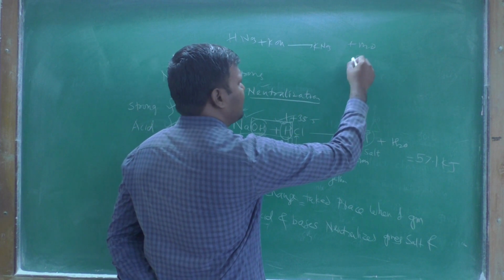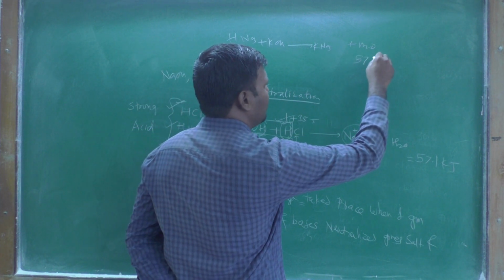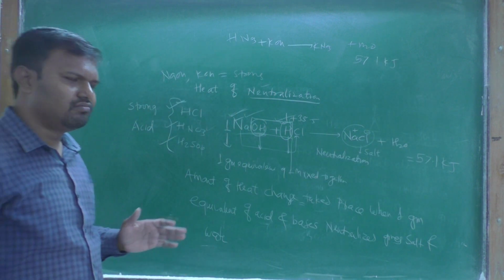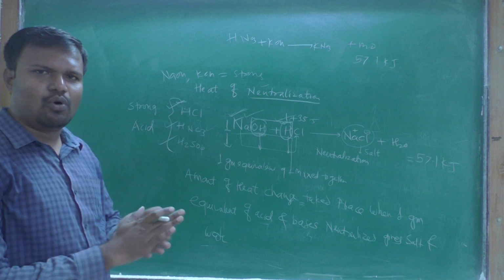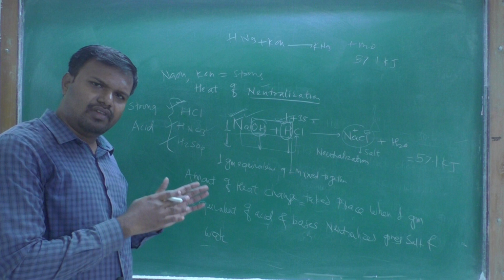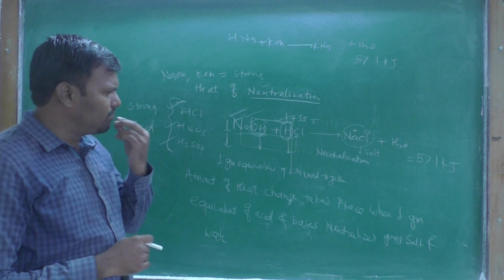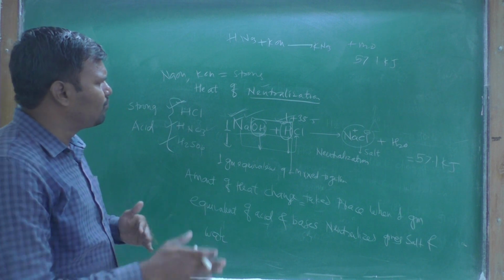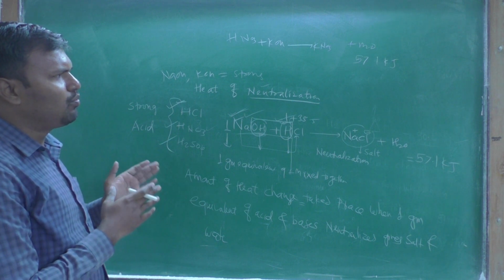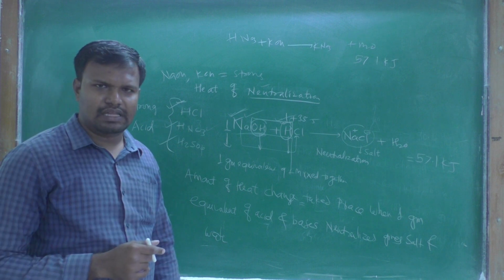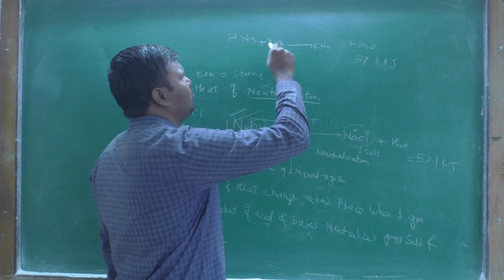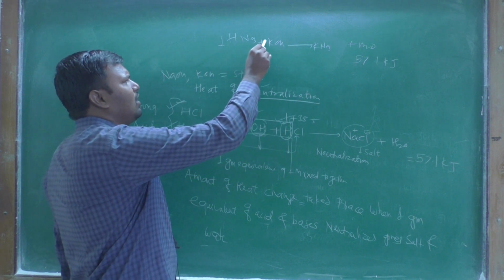In this case also there is 57.1 kilojoule heat of neutralization. Therefore, if there is a strong acid and strong base, the heat of neutralization is always 57.1 kilojoule. Why does this happen? Because in each case of neutralization you take 1 gram equivalent.